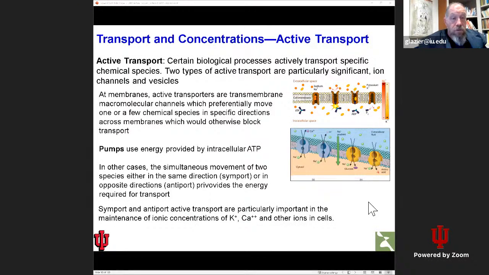The other thing that you have in biology is active transport. And active transport comes in a variety of forms. At membranes, both between the cell and the outside world, and between the inside of the cell and the mitochondria, the organelles that create energy in the cell, and potentially also between compartments in the cell of other kinds.